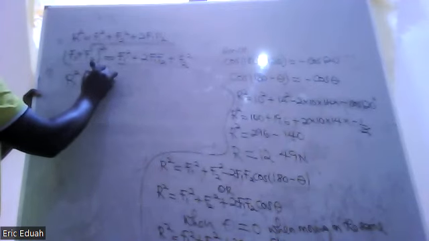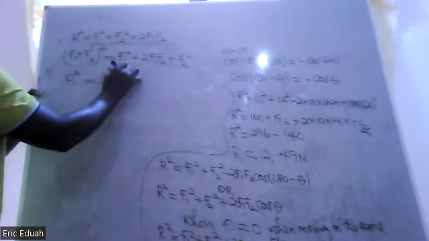So R squared will be equal to F1 plus F2 all squared. So that when you take the square root of both sides of the equation, you have R equal to F1 plus F2, which confirms the same thing we learned when we considered the resultant of two forces moving in the same direction. Are you okay?